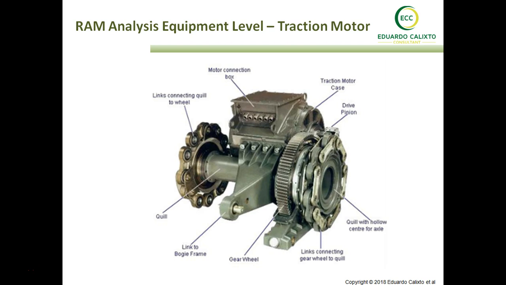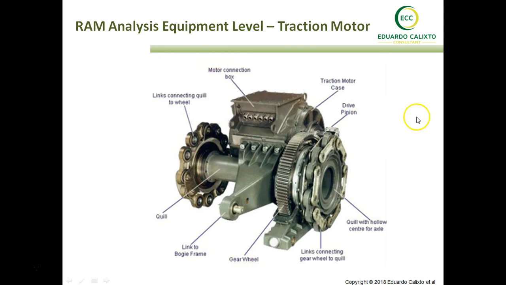But even so, we need to be sure about the reliability of the traction motor, because if it's not well designed, if you have some problems in the early life phase, that will cost a lot of money and also impact trains and availability directly.